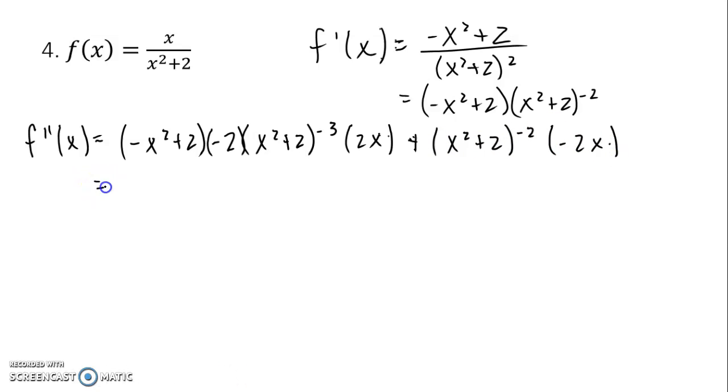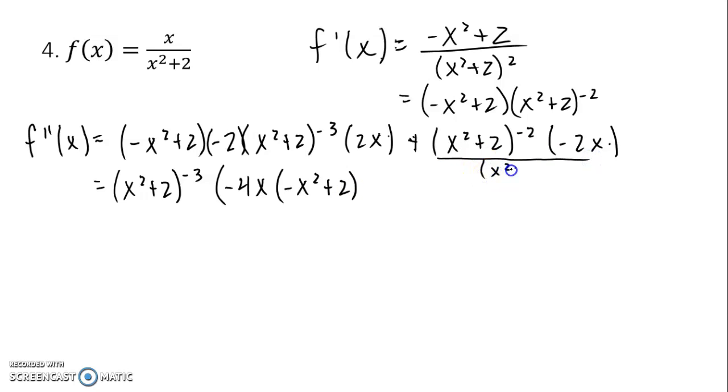All right, use my GCF again. So x squared plus 2 to the negative third. That leaves me with negative 2 times 2x. That gives me a negative 4x times this negative x squared plus 2. So you do have to be careful, that'll take some distributing. Dividing by x squared plus 2 to the negative third, negative 2 plus 3 gives me 1.